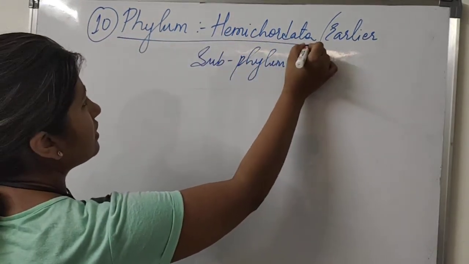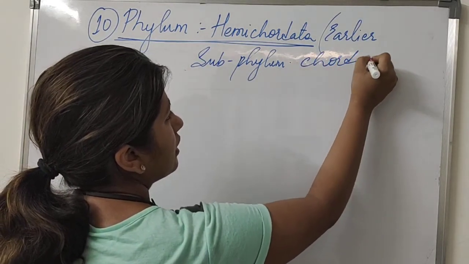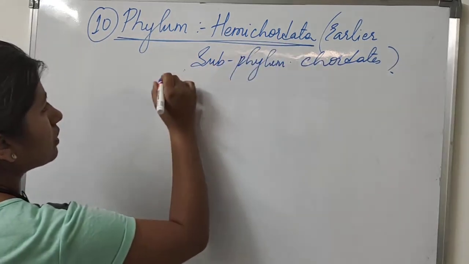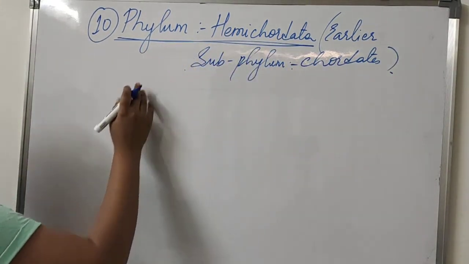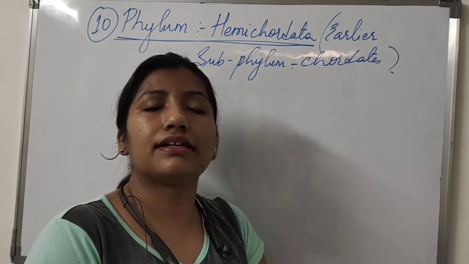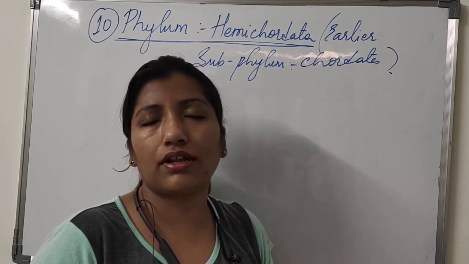Now what was the reason why it was put under the subphylum of chordates, and later on removed? Earlier it was labeled as subphylum of chordates, later on it was removed. The reason it was removed I have told you, that it did not have the backbone.